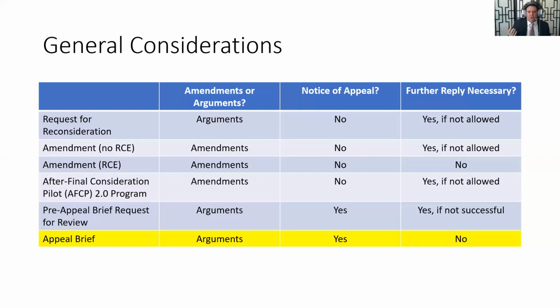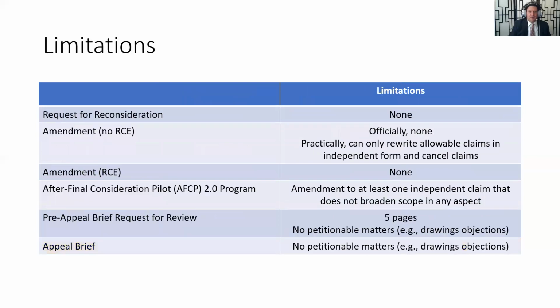And so there'll be a new timeline based on the examiner's answer in that situation or on the new office action. But there's no further response to the final office action that's necessary. All right, and so these programs are limited in different ways, and that's really what we're choosing. That's why also we started with that first slide, because a lot of people already know this stuff.